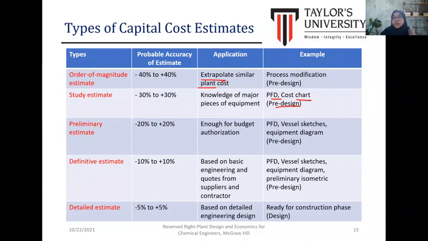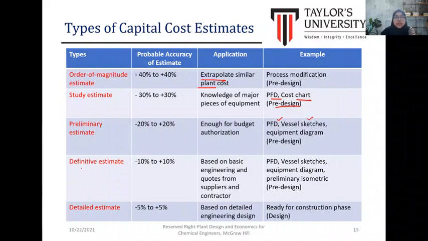The range is plus minus 20%. Okay, it can be applied when we have enough budget authorization. That's maybe the owner of the company or the top management provided the budget or the estimation of cost to start up the plant. Okay, what is required are PFD versus cost and the equipment diagram.